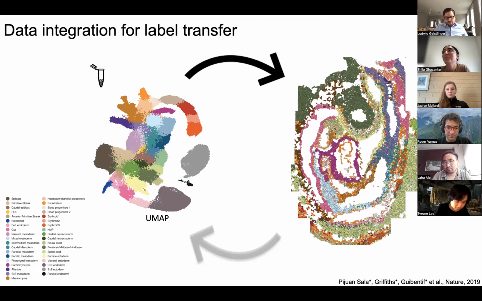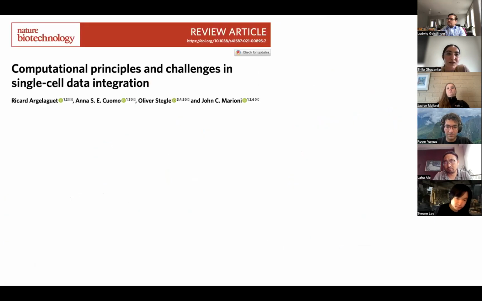But I was thinking, what if we could do more? Could there be a better way to do this? And what if we didn't necessarily have that great set of genes that best recapitulate the cell type as well? So that's a little bit of foreshadowing for the rest of the talk.